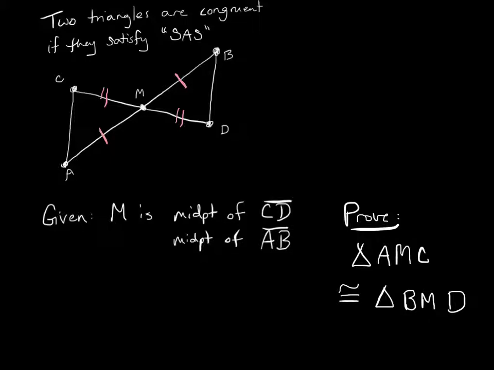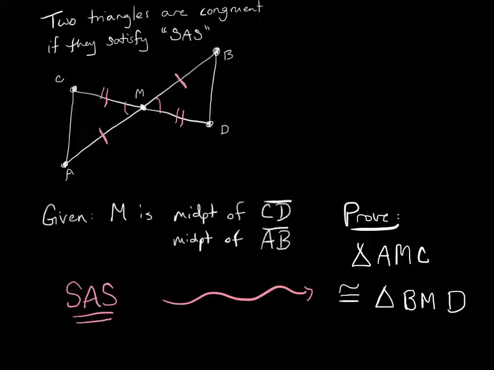And then this angle is the same as that angle, because they're what's known as vertical angles. So I would conclude by side angle side that the two triangles are congruent, because they have this side equal, this side equal, and these angles equal.